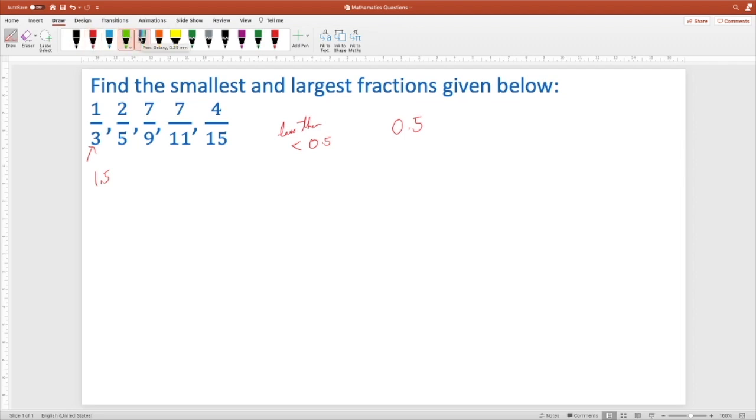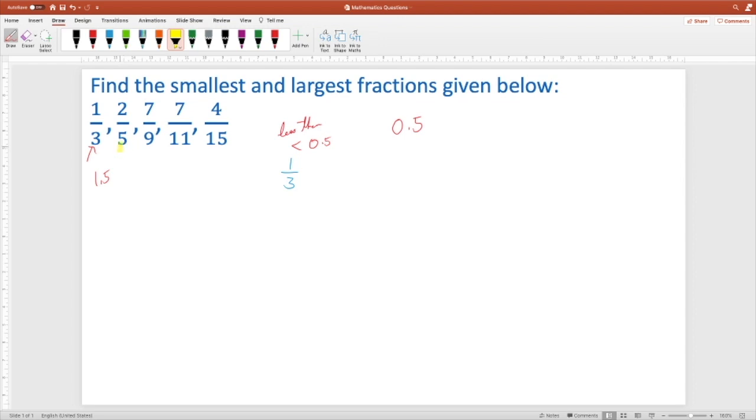That is 1/3, isn't it? Yes. Thank you. 1/3, I put it right here. Now I'm going to move on to the second one right here, 2/5. Is this one greater than 0.5 or less than 0.5?